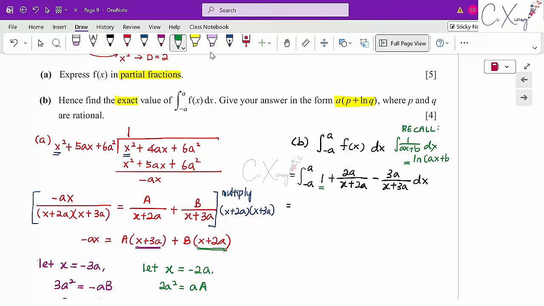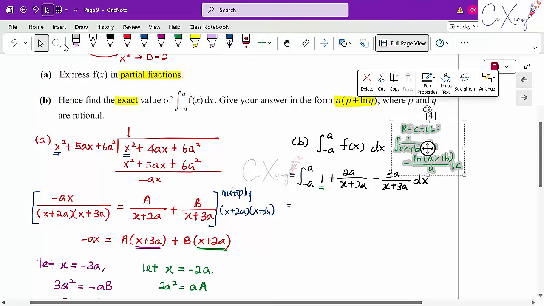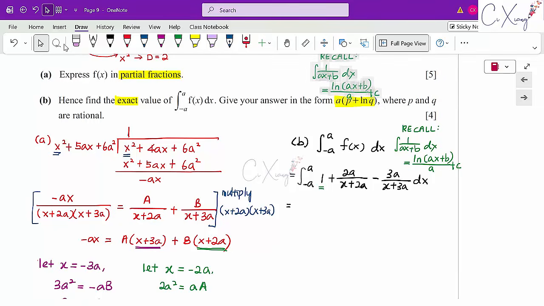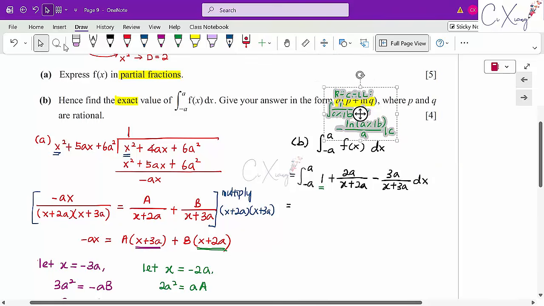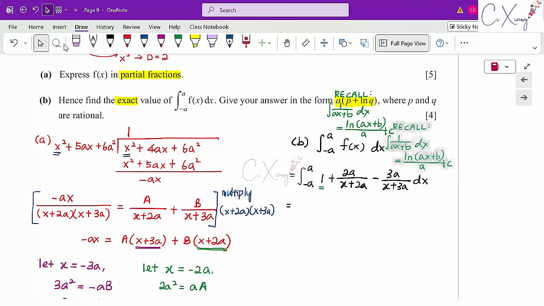You bring up the ax plus b, then divide by the differentiation of ax plus b, which is a, then a constant term at the back. So this is basically the basic idea of the integration.